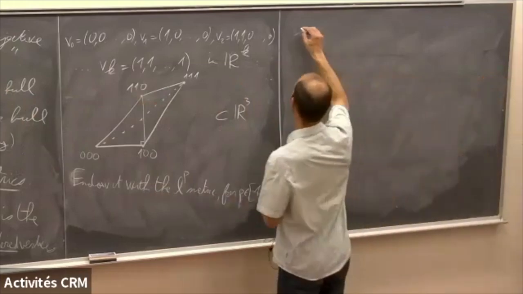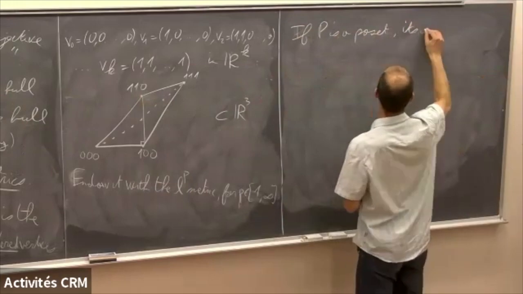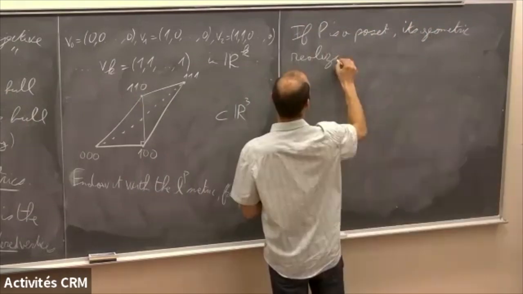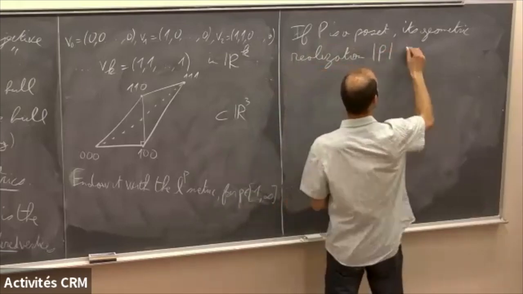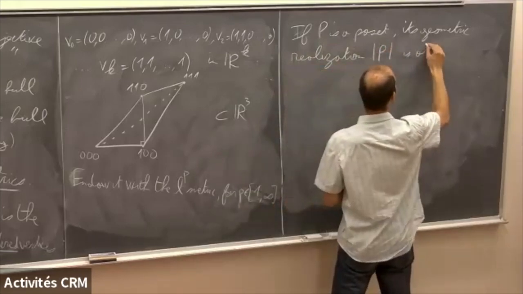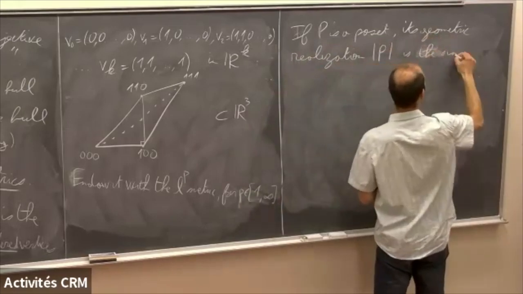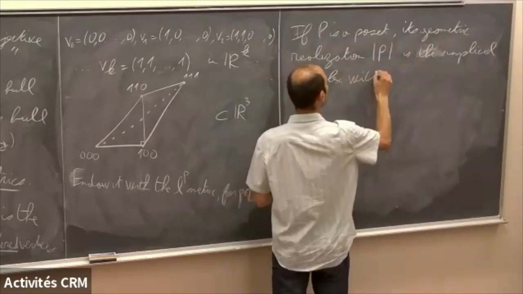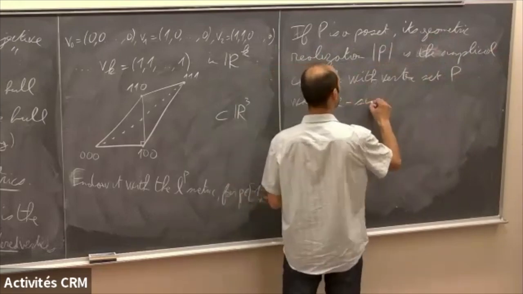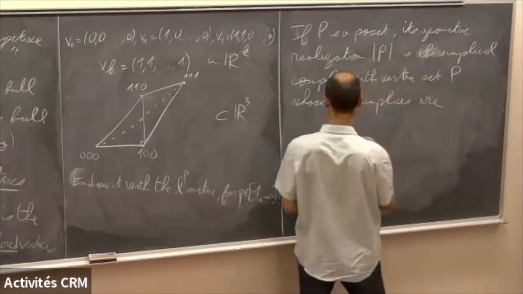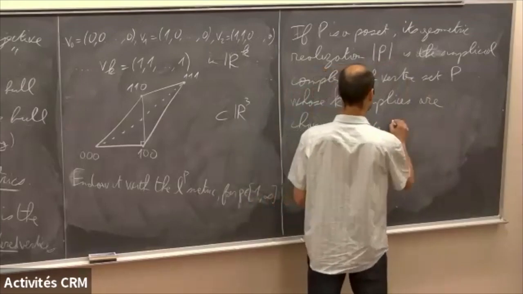So if P is a poset, its geometric realization is obtained as follows. First, it's a simplicial complex with vertex set P, whose simplices are chains of length k, d0, d1.